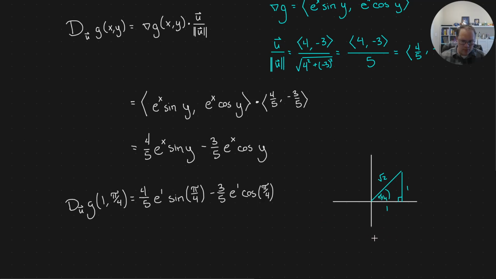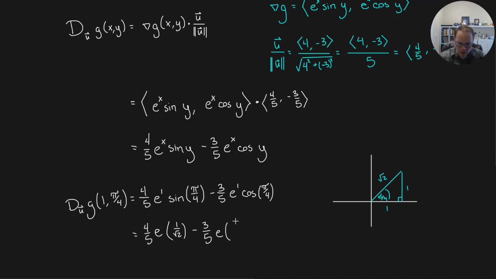And so cosine of pi over 4 and sine of pi over 4 will both be 1 over root 2. Adjacent over hypotenuse and opposite over hypotenuse. Right, so we get 4/5. E to the 1 is just e. Sine of pi over 4 is 1 over root 2. Minus 3/5. E to the 1 is just e.